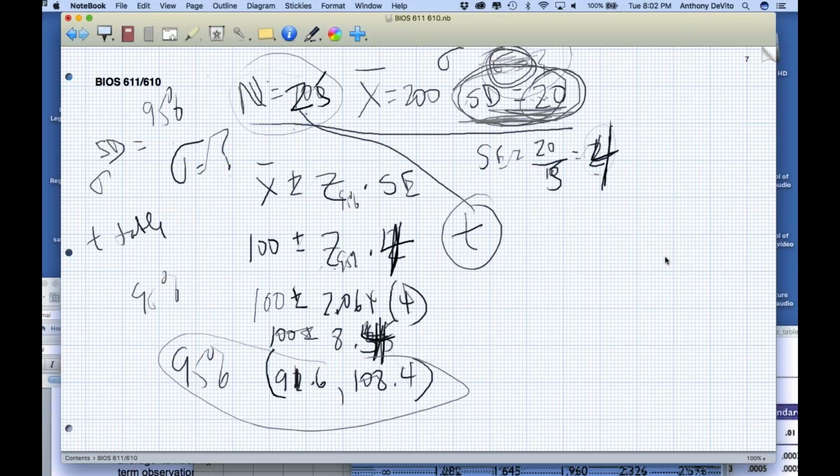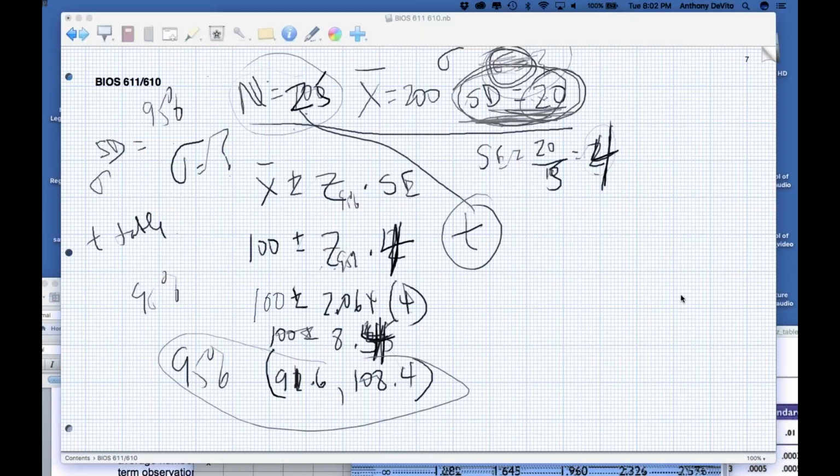Okay, so questions. Why the t-table? We use the t-table when we don't know the population standard deviation and we're working with a small sample size. When to use the t-table, depending on sample size? If you asked me that 10, 15, or 18 years ago, we used to say, if the sample size is over 30, just use 1.96.